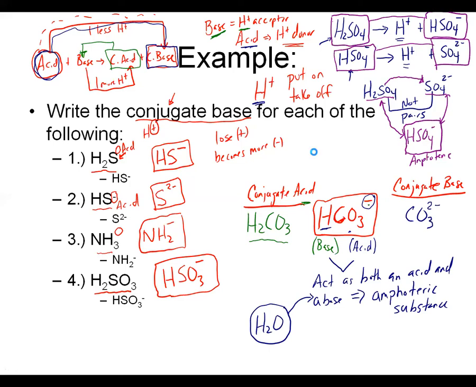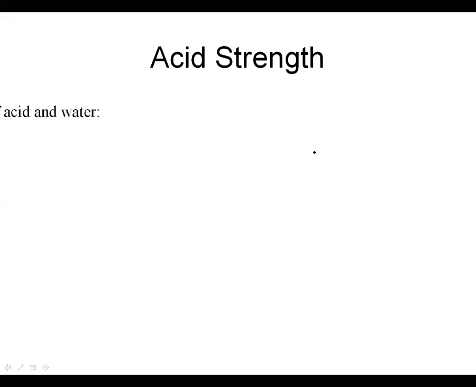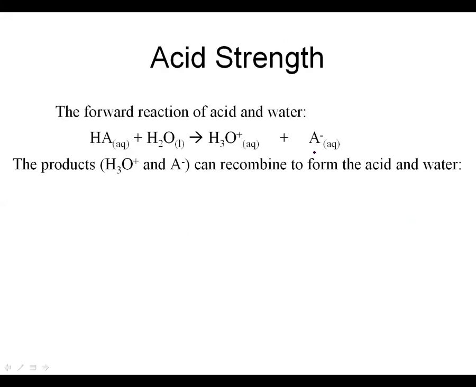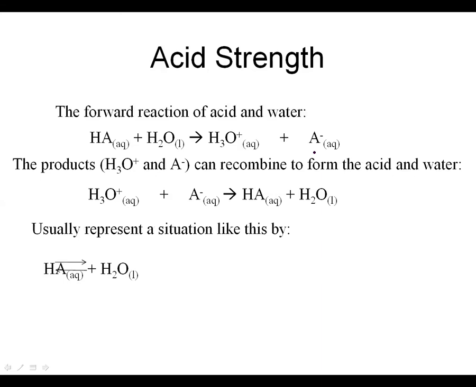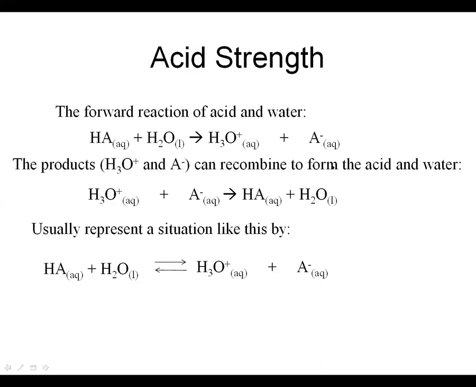Okay. So when we talk about acid strength, we talked a little bit about strong acids and strong bases. When an acid is in water, it will produce H3O plus and A minus, and that's your acid base reaction that we saw earlier.